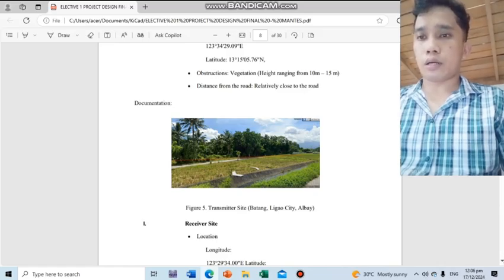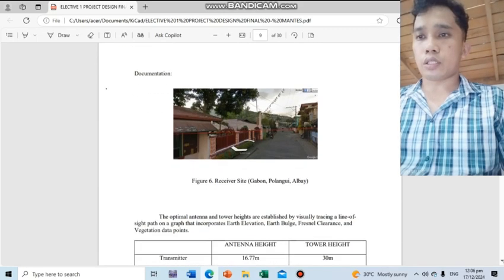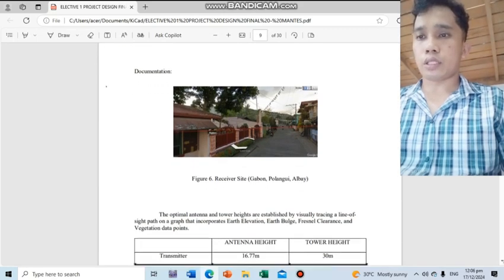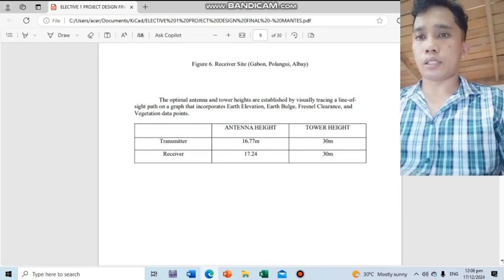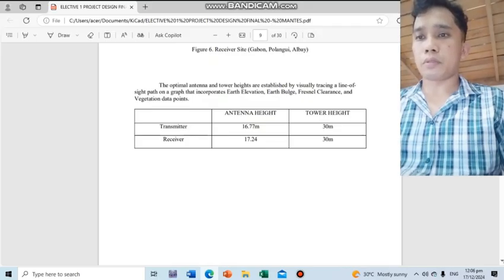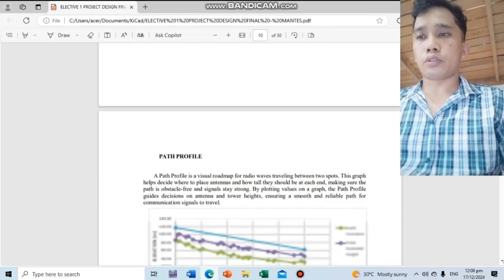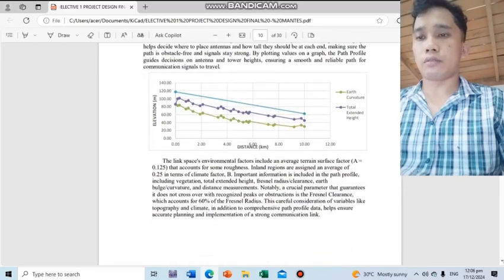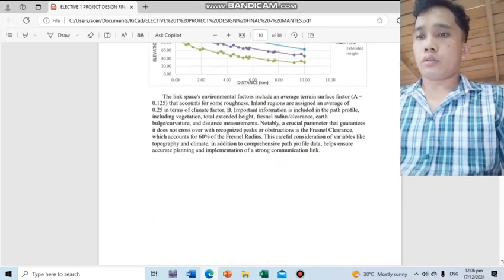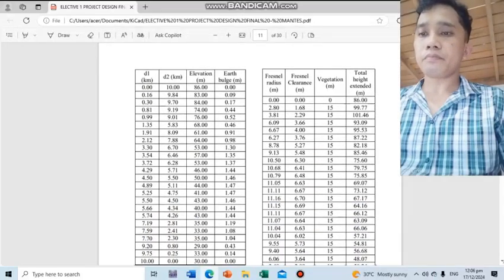It is alongside a road and accessible if construction starts, and the same goes for the Gabon, Pulangi, Albay site. The transmitter and receiver antenna heights are 16.77 meters and 17.24 meters, and their tower height is 30 meters, both transmitter and receiver. The path profile I've already discussed.